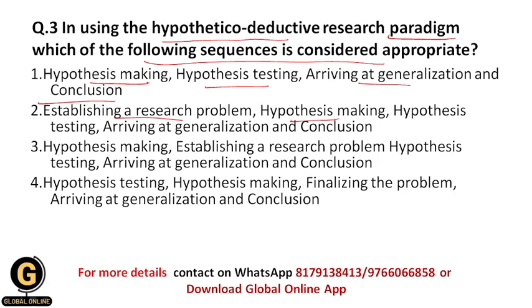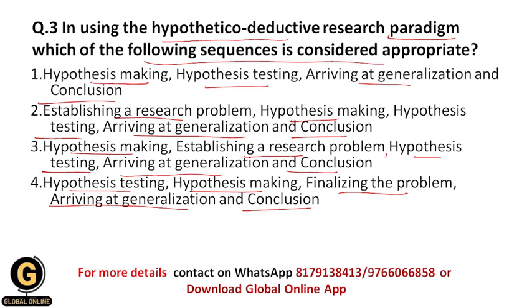Second, establishing a research problem, hypothesis making, hypothesis testing, arriving at generalization and conclusion. Third, hypothesis making, establishing a research problem, then hypothesis testing, then arriving at generalization and conclusion. Fourth, hypothesis testing, hypothesis making, finalizing the problem, arriving at generalization and conclusion.